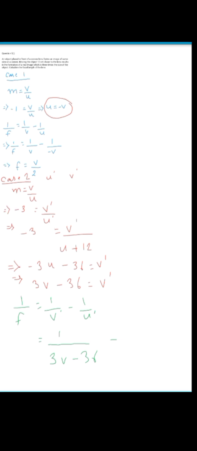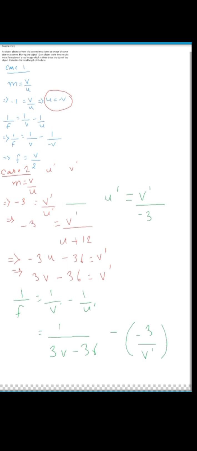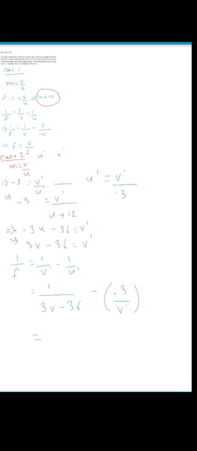And instead of u dash, from this expression, u dash will be equal to v dash by -3, isn't it? So instead of u dash, we can write it as -v dash by 3. Now let's solve it. Instead of writing the value of v dash, let me again write it as v dash only. It will make it easier for me to solve.